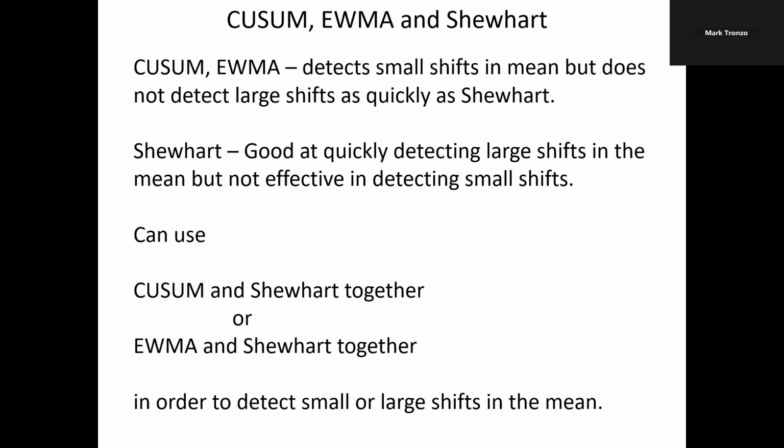Again, one to detect small shifts in the mean, the other to detect large shifts quickly, or use what we just saw now, the EWMA chart with the Shewhart chart, again, in order to detect small and large shifts in the mean.